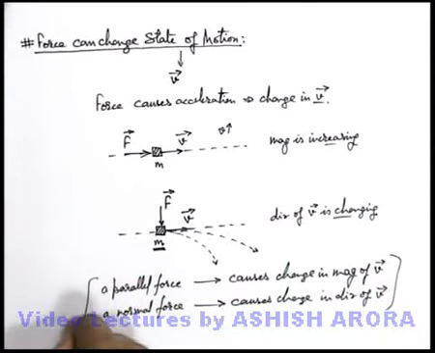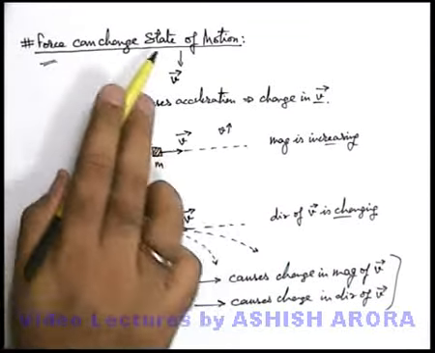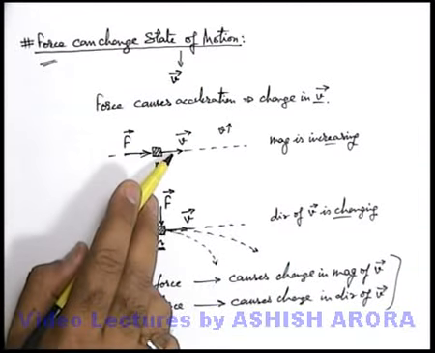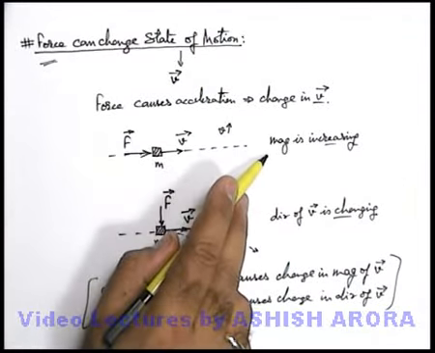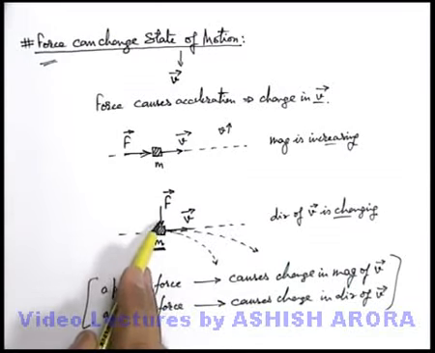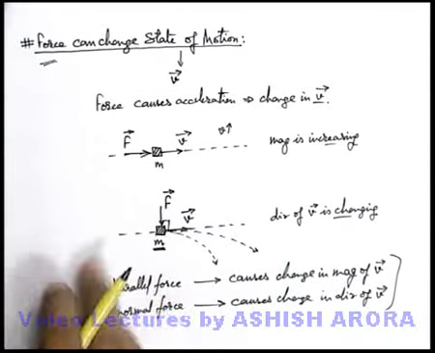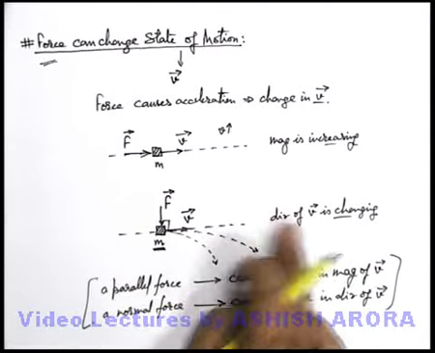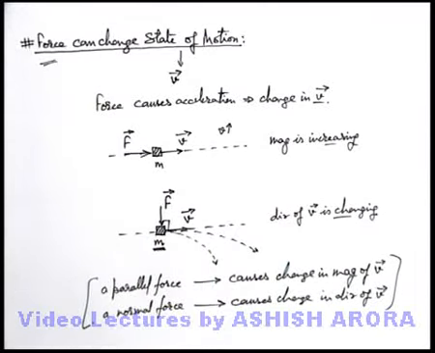Always keep in mind that a force can change the state of motion in two ways. If force acts in the direction of velocity, it will change the magnitude of velocity. If force is applied normal to velocity, at a right angle to the direction of motion, it will not change the magnitude, it will only change the direction of velocity.